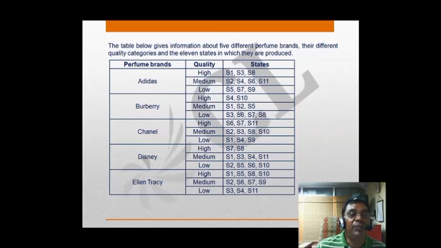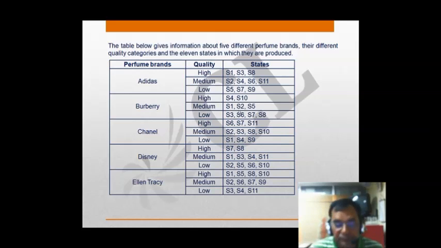The table below shows 5 different brands in different categories and quality levels at which they are produced. So there's a counting kind of question which I will definitely go for.